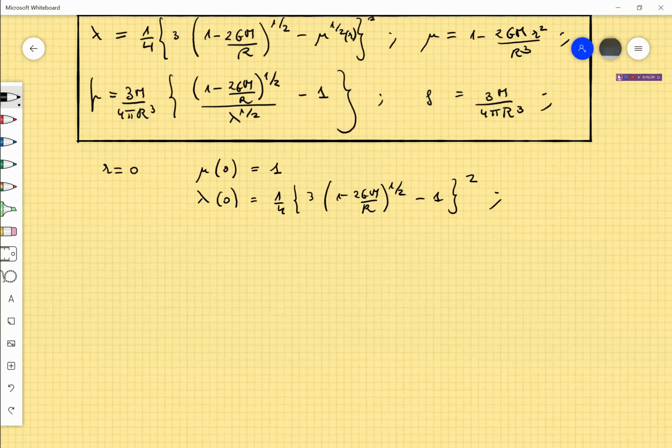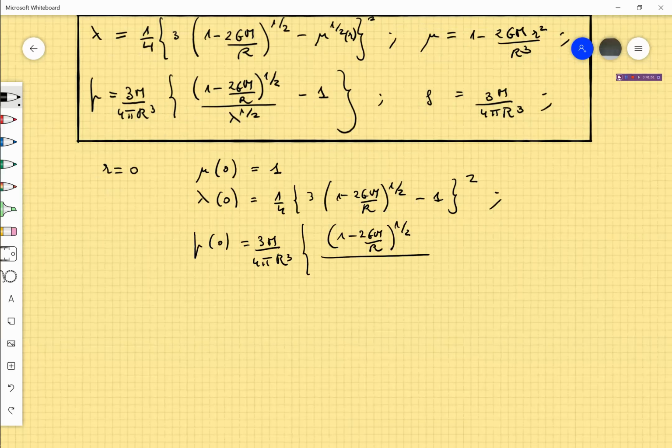And how about p? Well, p of 0 is this factor that has in front of it, there is (1 minus 2GM divided by capital R)^(1/2).